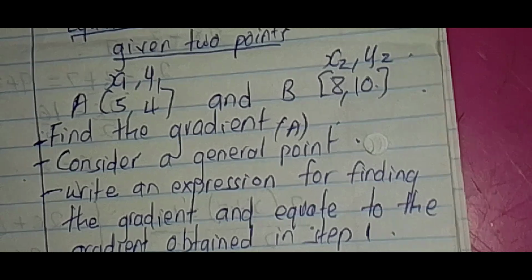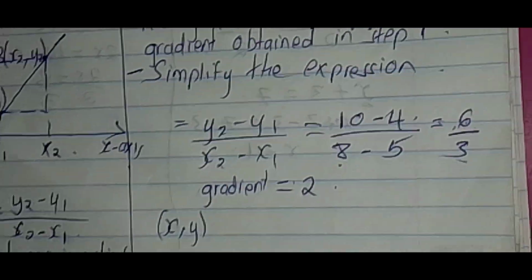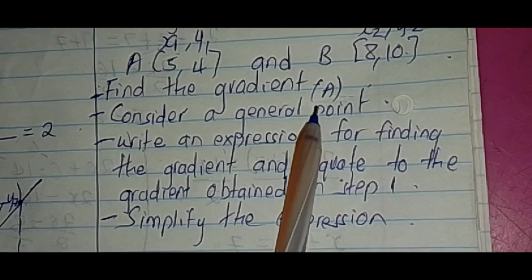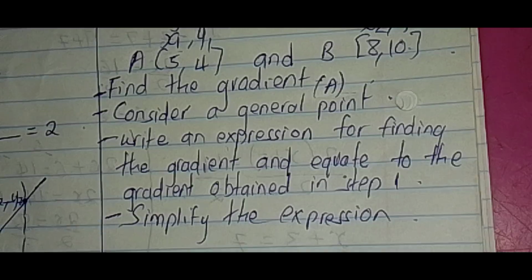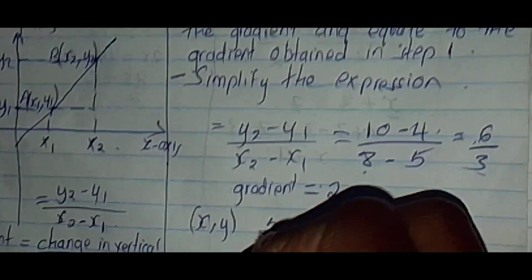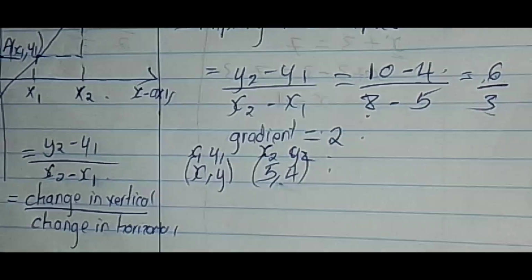Consider a general point. Remember we were supposed to use our A, as we noted here. So let's take this as our x1, y1, and this as our x2, y2.